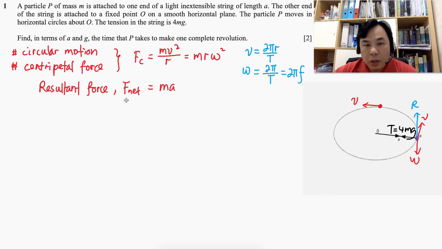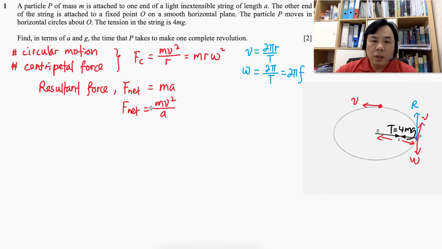Or in our case, the resultant is actually given by mv square over the radius of the circular motion. So the radius of the circular motion in this case is a unit. You can see that as a unit. Now this is on the right hand side. This is the resultant force that's acting on the object in terms of velocity and acceleration.